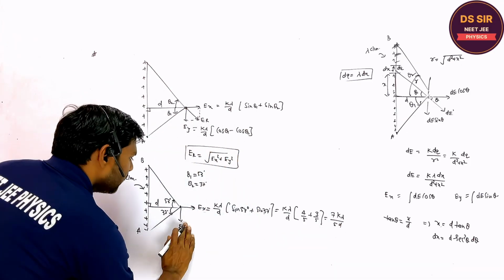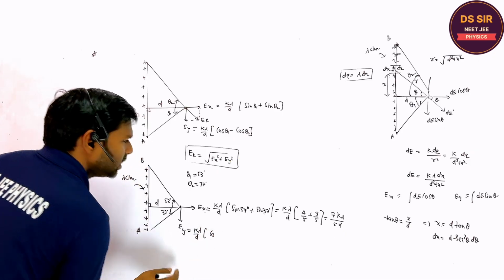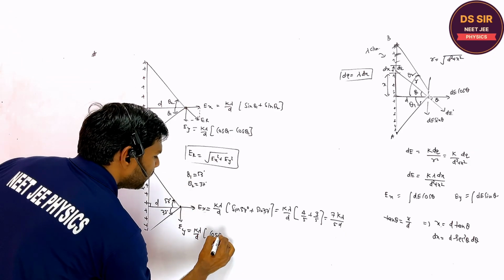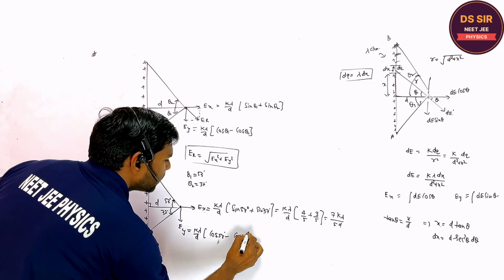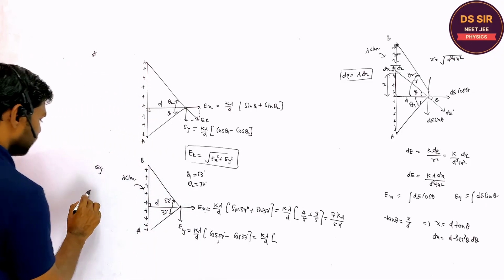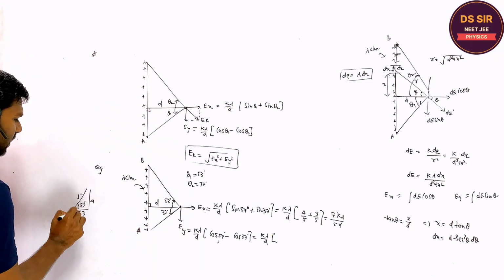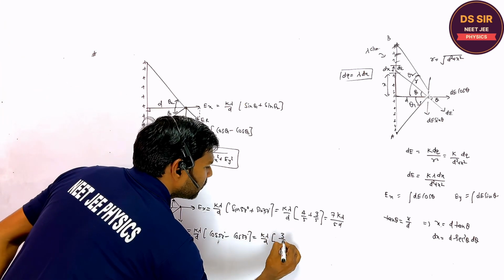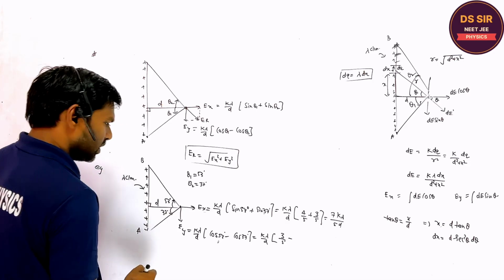If you consider the Ey, it is nothing but k lambda upon d times (cos theta 1 minus cos theta 2), that is cos 53 minus cos 37. This is 53, this is a 3, 4, 5 triangle, so it is 3 by 5 minus cos 37.